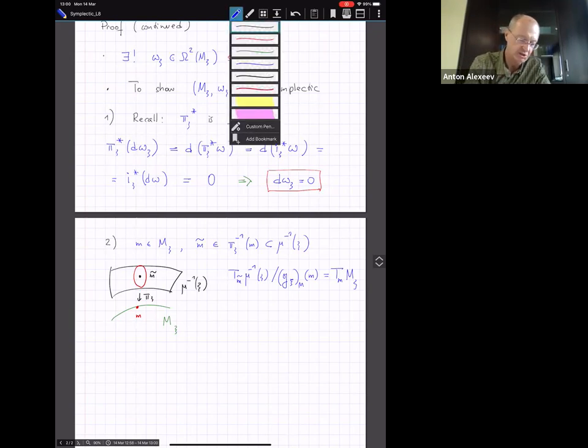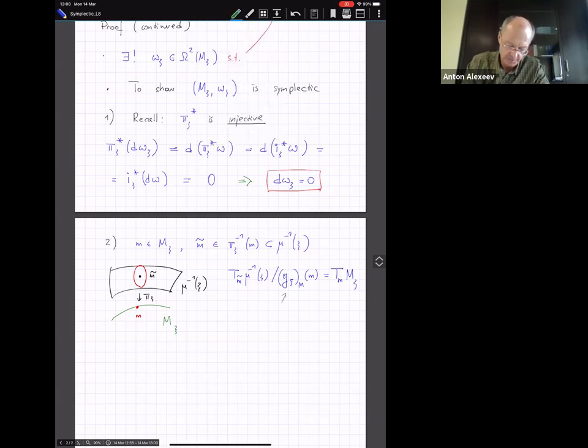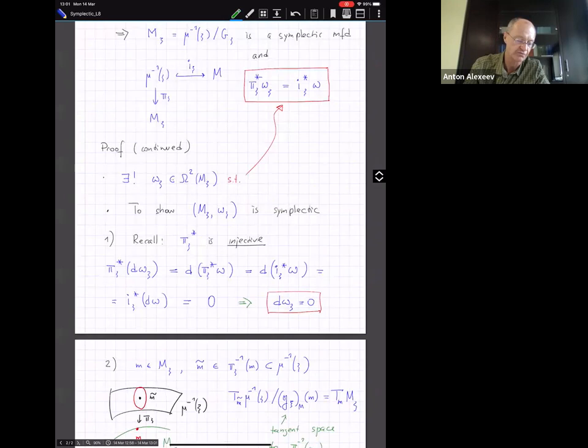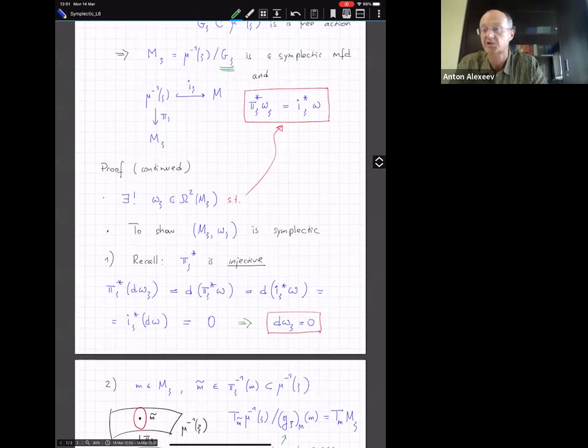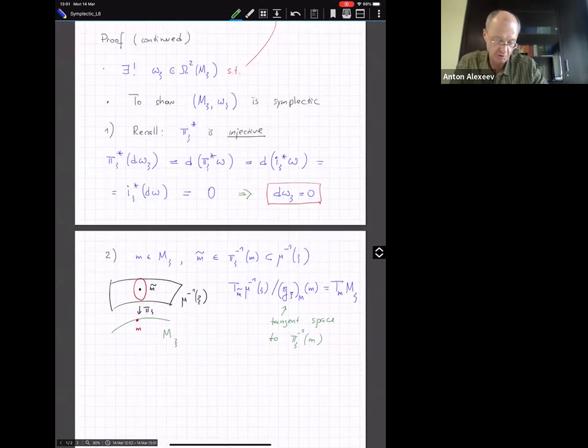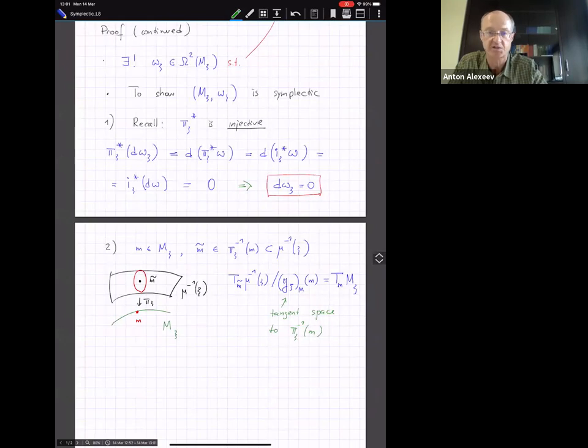So this g psi m tilde is the tangent space to the fiber of the projection, right? Because we are dividing by the action of G psi when we go down along the projection. And so if you quotient the tangent space at m tilde by the tangent space to the fiber, you obtain the tangent space to the base. So everything is happy about it.